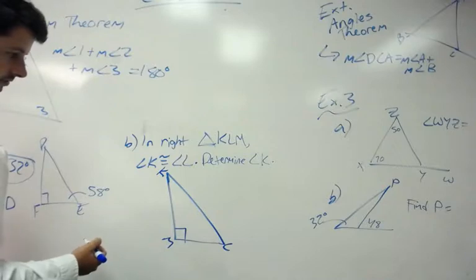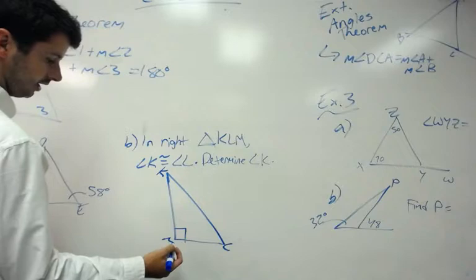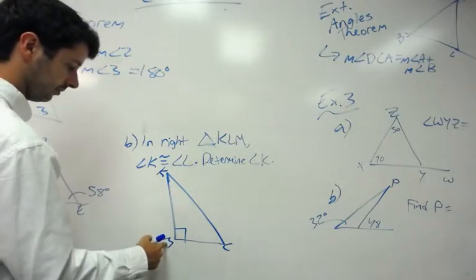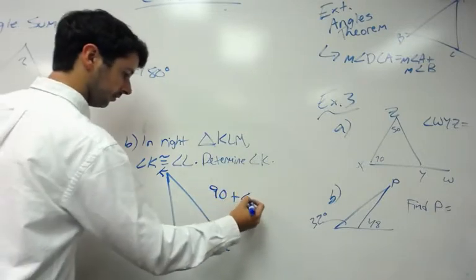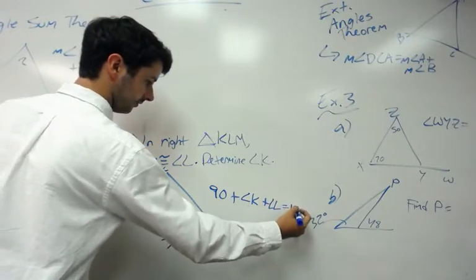So both of these angles are going to be complementary. We could say angle M is 90, plus angle K plus angle L equals 180.